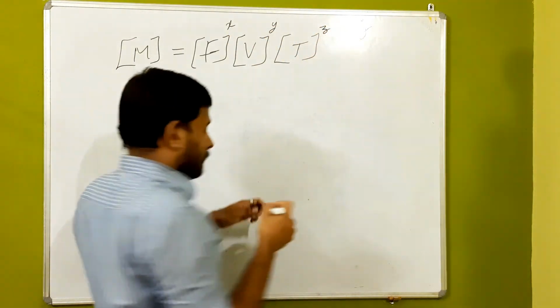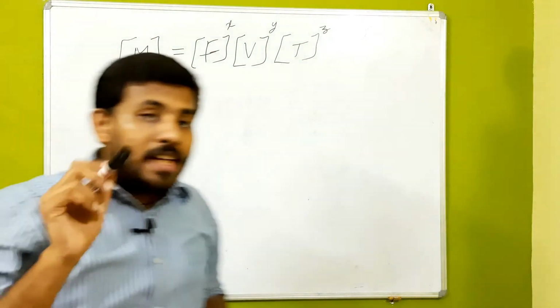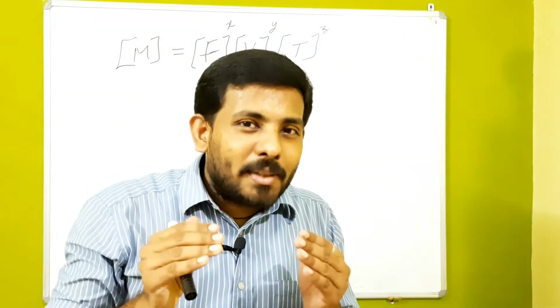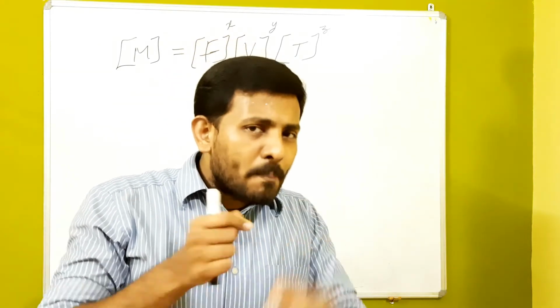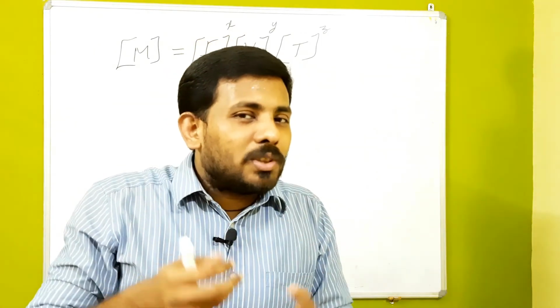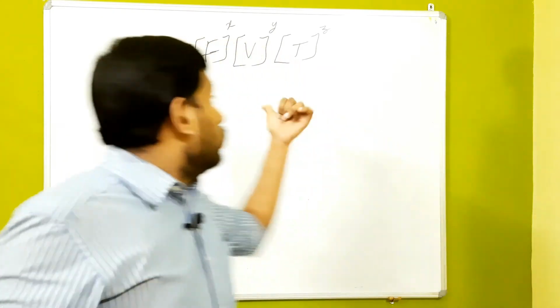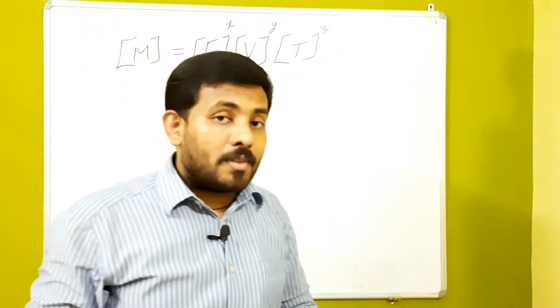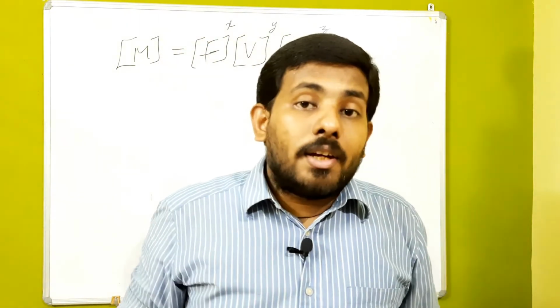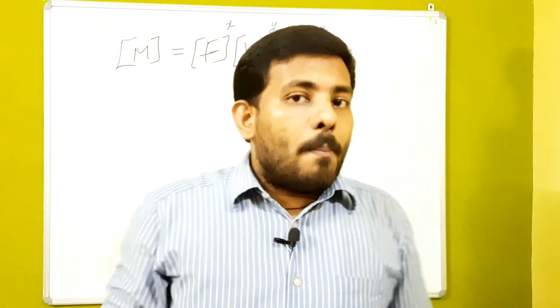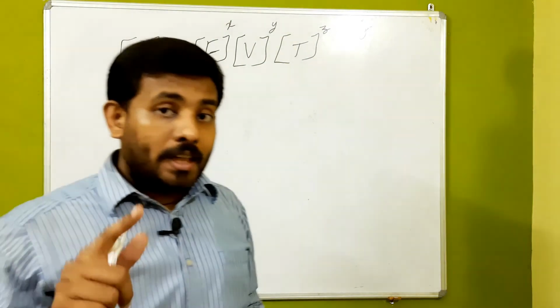But for NEET, as we know, time is a very important factor. So for some problems we can use some short tricks like this. So I'm going to give you 2 methods to do problems like this. So here is method 1.